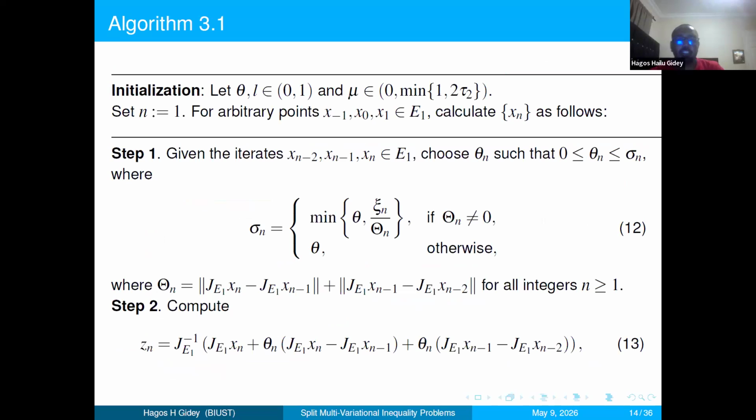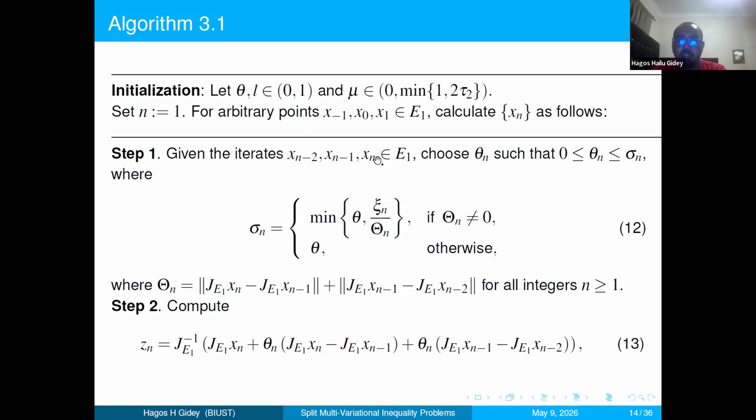And we define this algorithm. This is the algorithm we use to solve that problem. In this case, we use double inertia because we are using three known values from the iteration: x_{n-2}, x_{n-1}, and x_n.